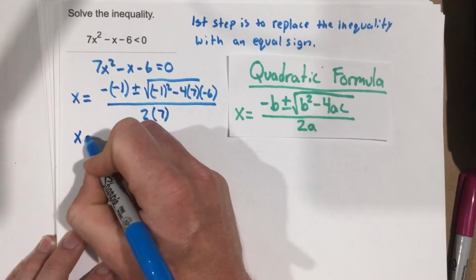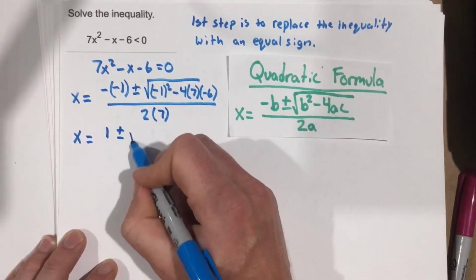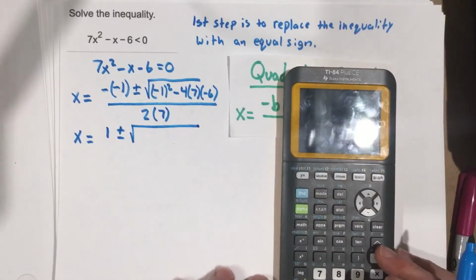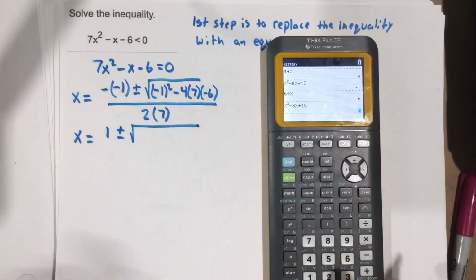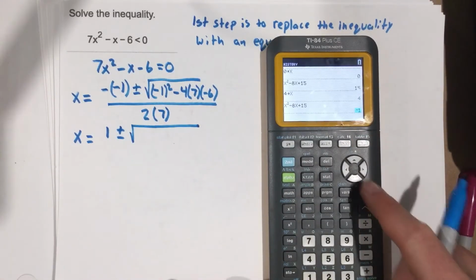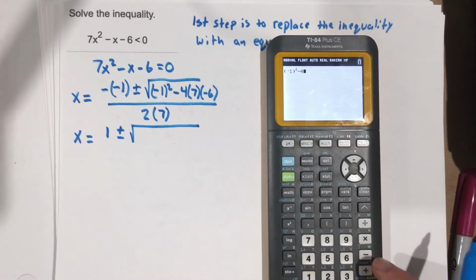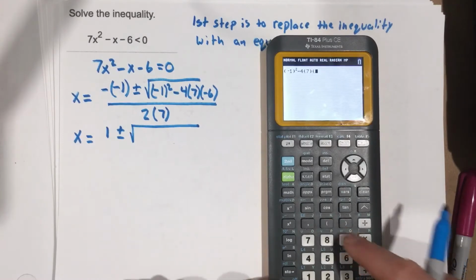Now we can simplify this down. That's 1 plus and minus root, and I'm going to plug most of that in the calculator. So I'm going to say negative 1 squared, I'm plugging in just how it's written, minus 4 times 7 times negative 6.